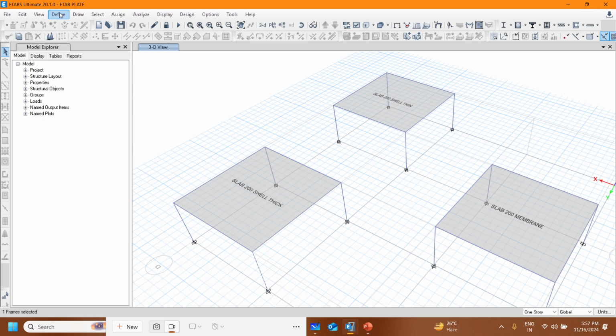We want to differentiate between three types of cells or membrane, whatever it is. So how do we differentiate, if we want to construct any kind of raft slab or column capital.